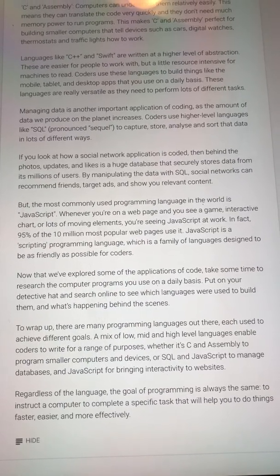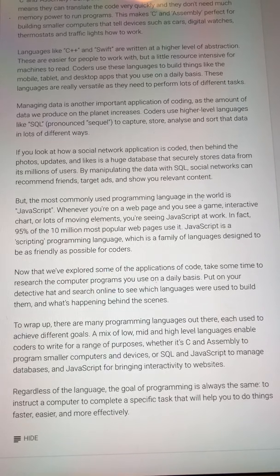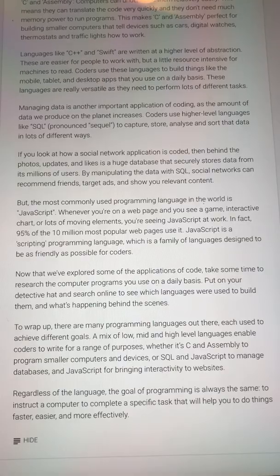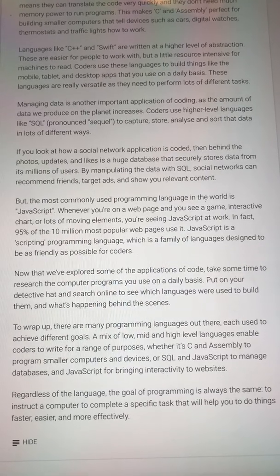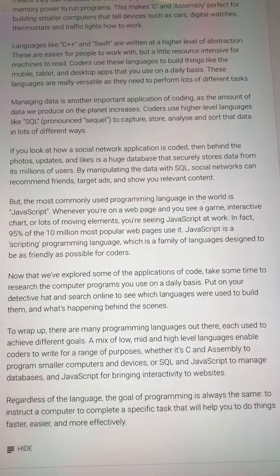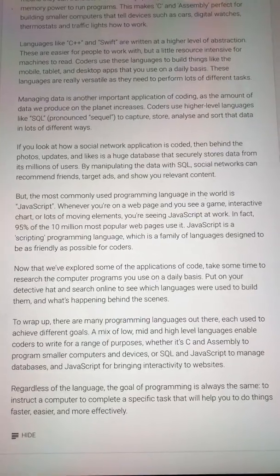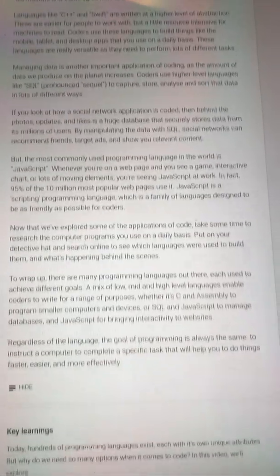Now that we have explored some of the applications of code, take some time to research the computer programs you use on a daily basis. Put on your detective hat and search online to see which languages were used to build them and what's happening behind the scenes.